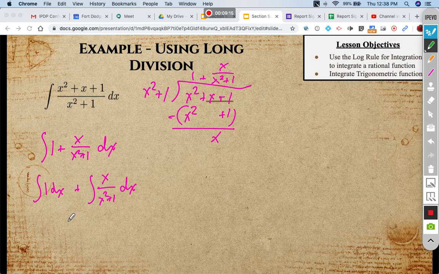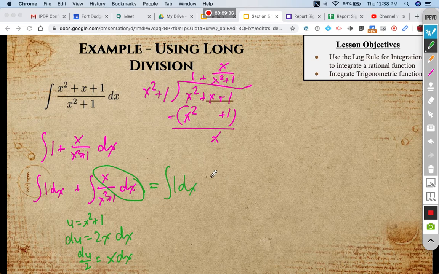And on this one, again, we can let u be x squared plus 1. So du is 2x dx. We want du over 2 to give us x dx, which is what we need there. So we get the integral of 1 dx plus the integral of 1/2 times 1 over u du.